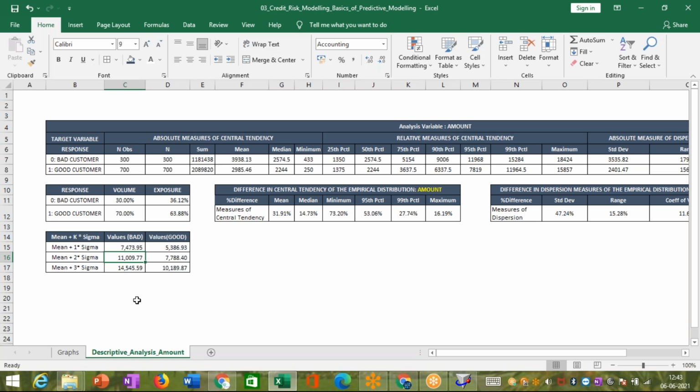So the additional 2% of the observations fall under mu plus minus 3 sigma. The mean plus minus 3 sigma is 14,545. Had it been a normal distribution, 99.9% of the observations should have been there, right? But here the 99th percentile is 15,284. So this lies between the 95th and 99th percentile, which is less than 99.